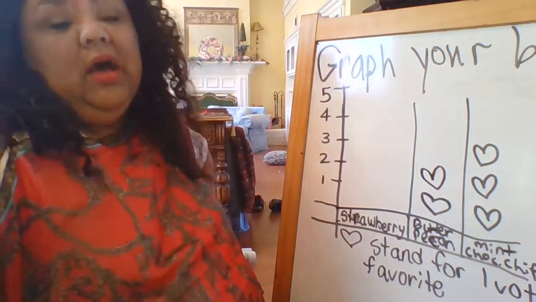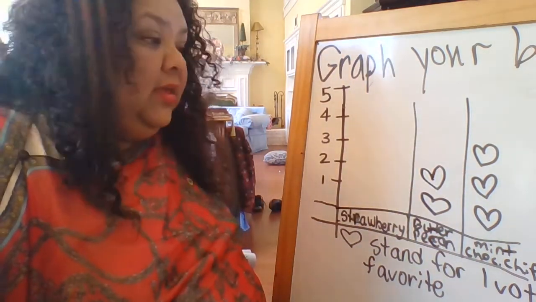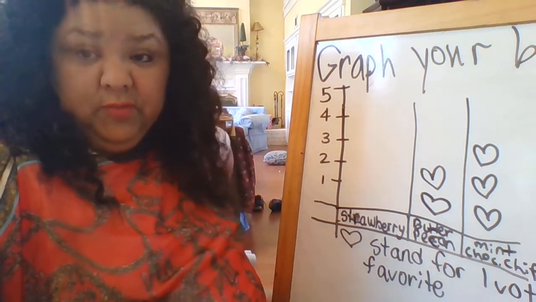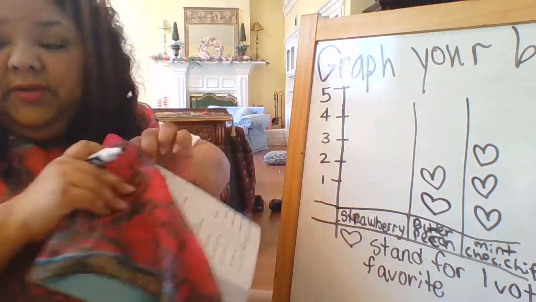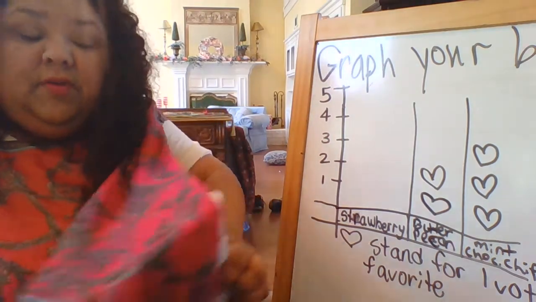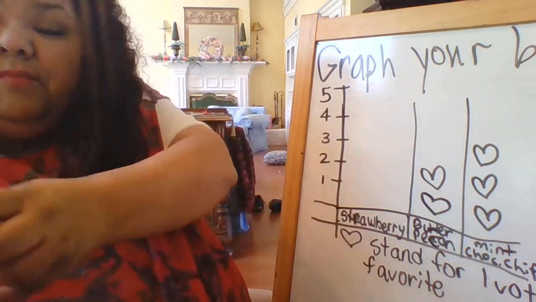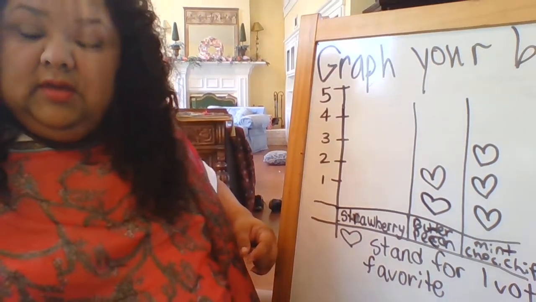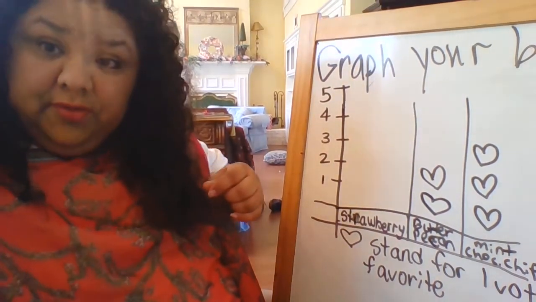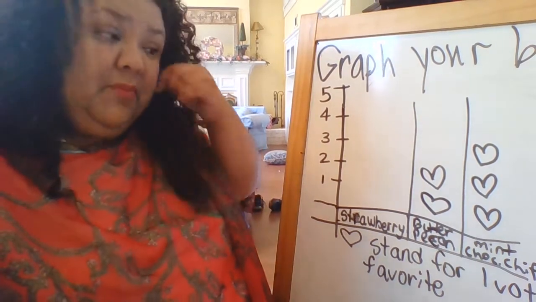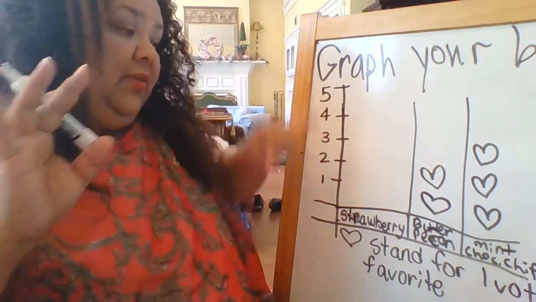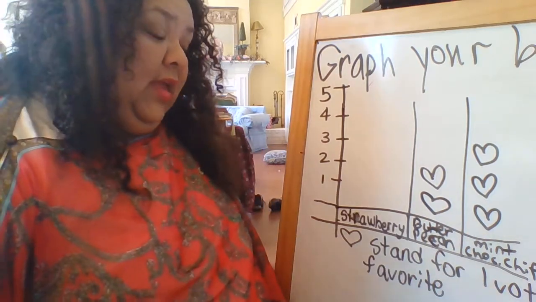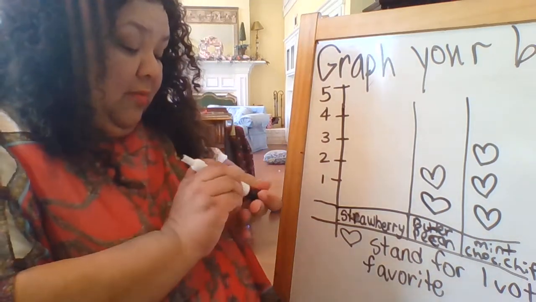So now I have my graph completed, because I have asked everyone in my home what their favorite flavor of ice cream is. And so I now have my information that I've gathered. So now I've plotted it on my picture graph, and this is my graph, and it is now my data.